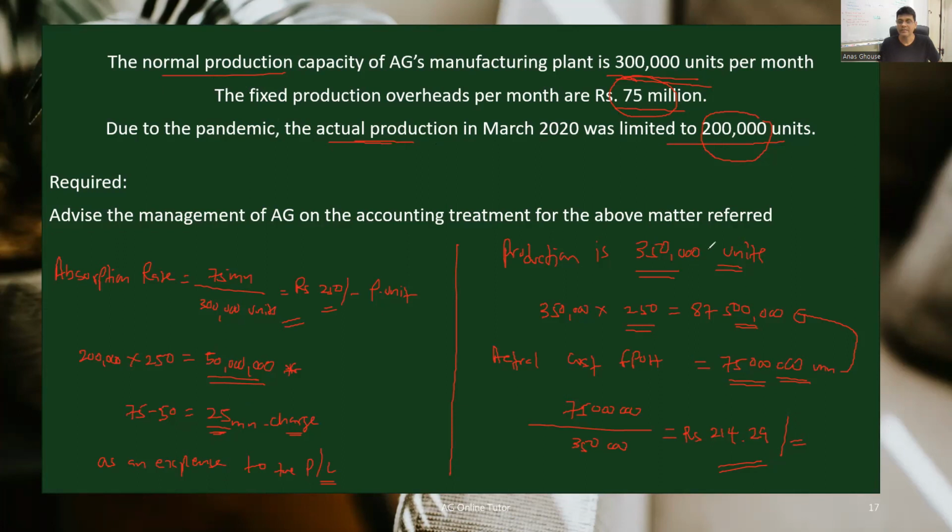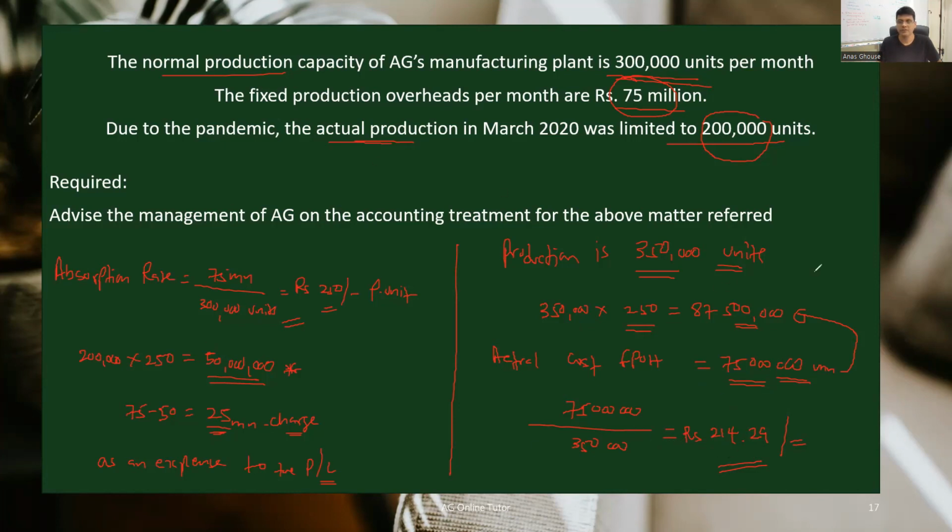However, when there is high production, the cost has to be allocated based on the actual production, so that you will not recognize the cost above the cost. So this is the answer for this particular question.